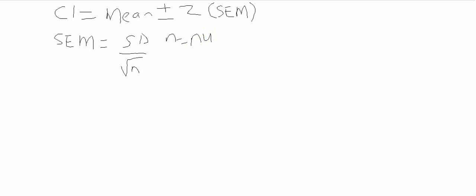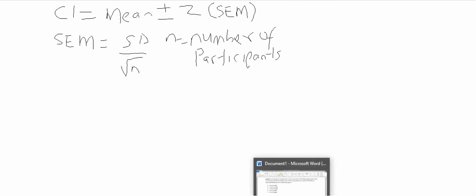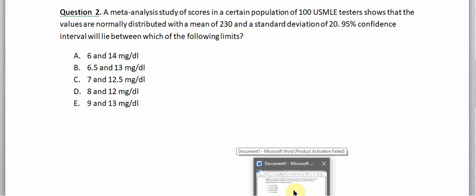So n is just the number of participants or volunteers. Let's use participants. Good. Now we know that our mean, what was the value for the mean? The value for the mean was 230.